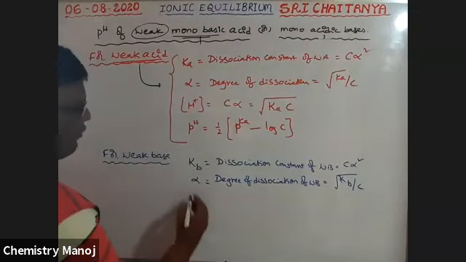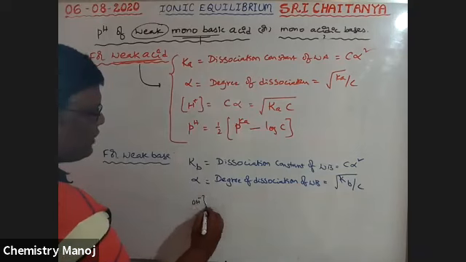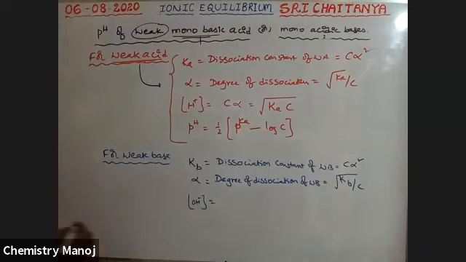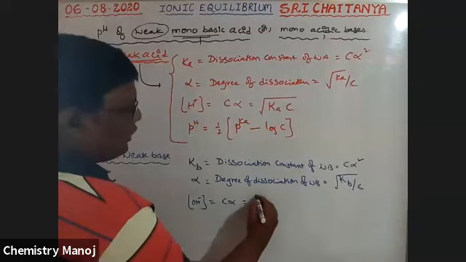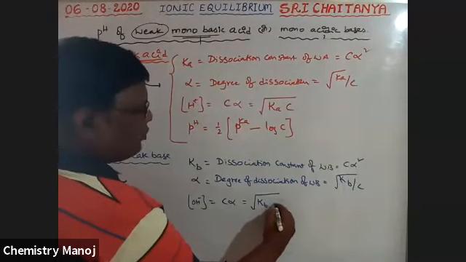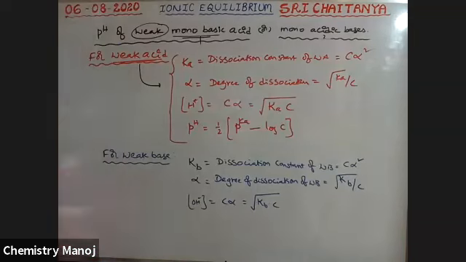Therefore, instead of H plus, there is OH minus concentration. OH minus concentration is equal to C alpha, which is equal to under root Kb into C.